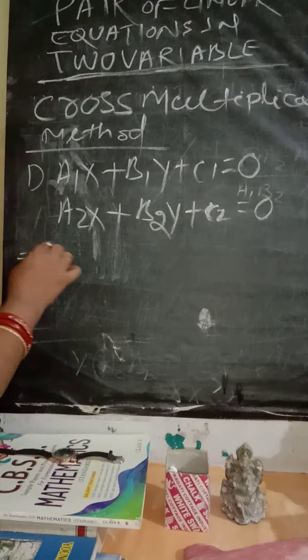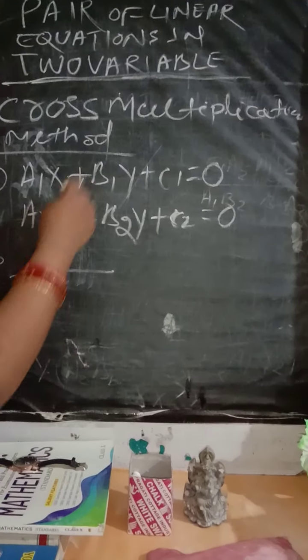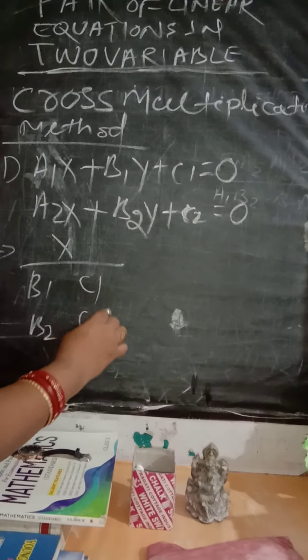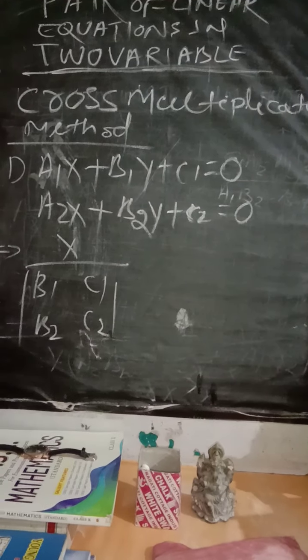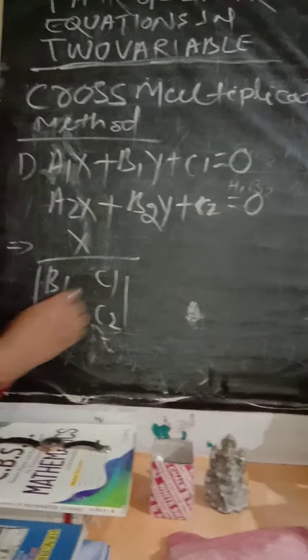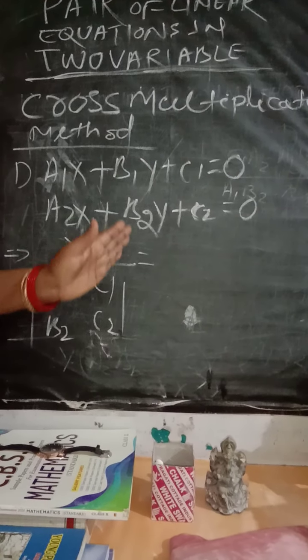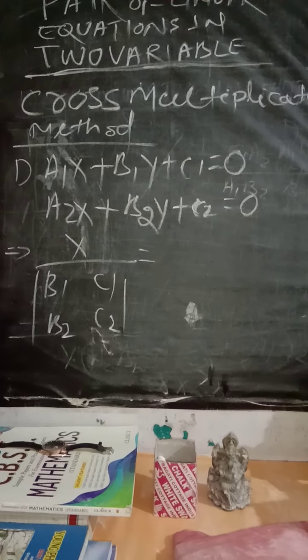So what we will do: x by the determinant of b1 b2 c1 c2, taking the determinants of the coefficients of y and the constants.